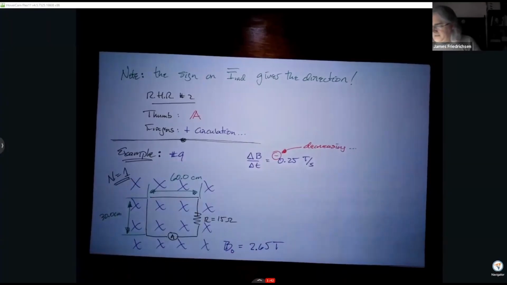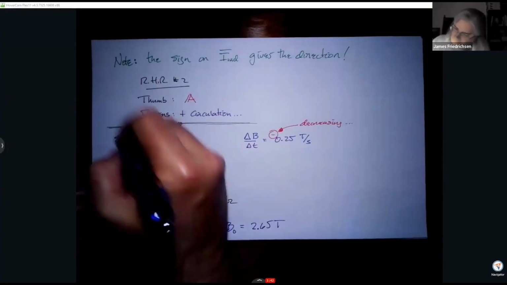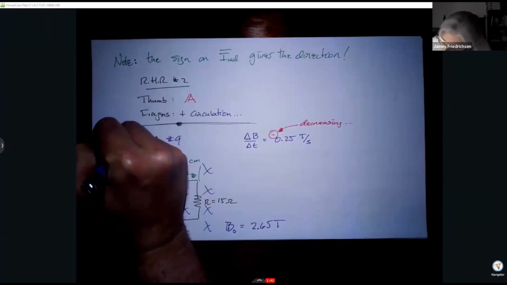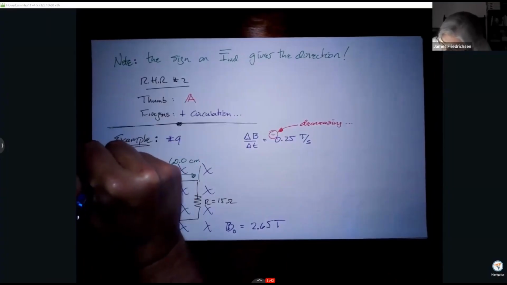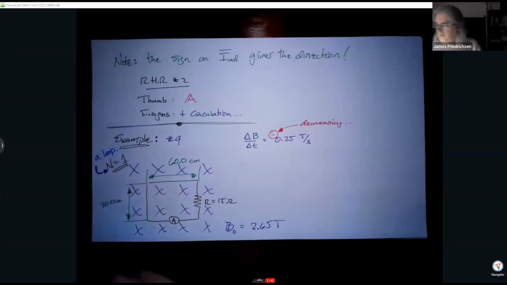So if the magnetic field is decreasing, then what's happening to our magnetic flux? Yep. And so then to oppose the change, which way does our B induced go? And therefore, which way does the induced current go in our loop?